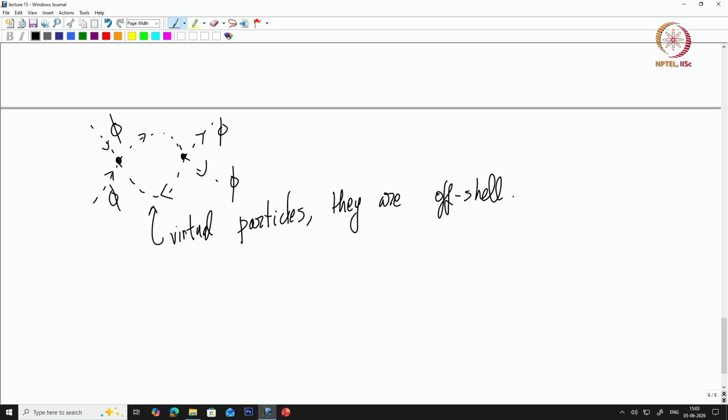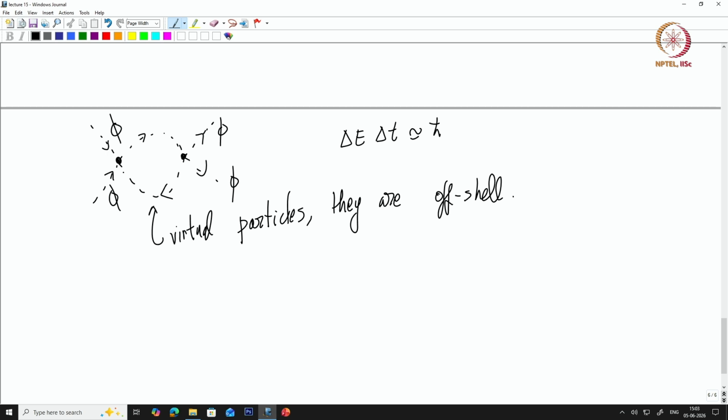So for a tiny period of time they do not obey energy momentum conservation, meaning for a tiny period of time they don't follow their own dispersion relations, they are away from their mass shell. So these are virtual particles which are created and destroyed within periods of time given by delta E delta T of order h-bar essentially, the tiny periods. So these virtual particles can affect the amplitudes at higher orders.